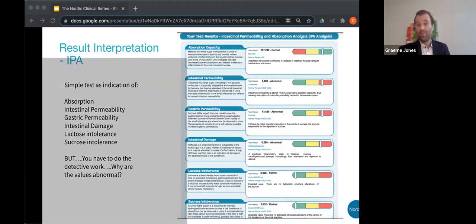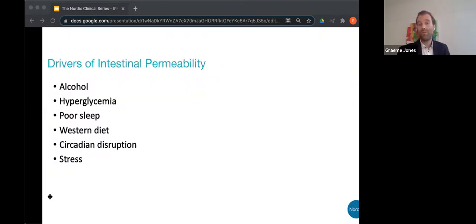From a research perspective, the main drivers of intestinal permeability are alcohol, hyperglycemia, poor sleep, a Western diet, circadian disruption, and stress. Your patient may be great at avoiding a Western diet and might not drink any alcohol, but if they're really bad at managing stress, they could have high permeability.